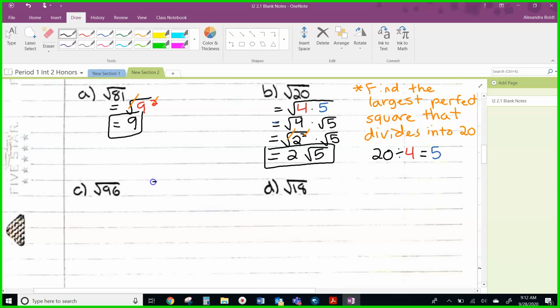Write that on the side. 96 divided by 16 equals 6. So I'm going to write this as the square root of 16 times 6. I'm going to split them up.